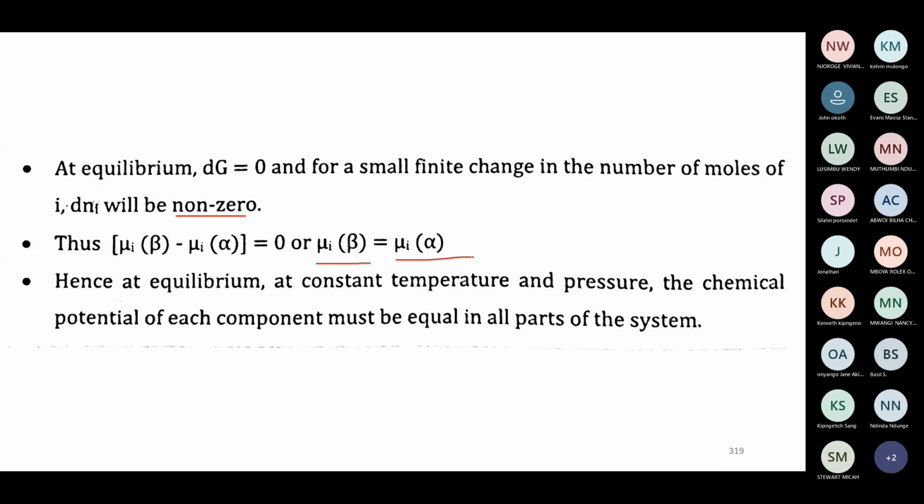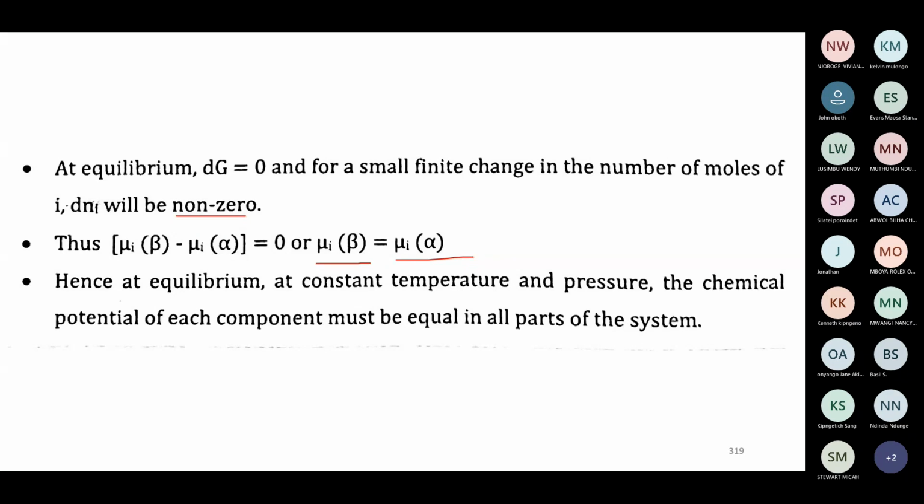So at equilibrium, at constant temperature and pressure, the chemical potential of each component must be equal in all parts of the system. So in the two phases, at equilibrium, the component has been distributed in the two phases.